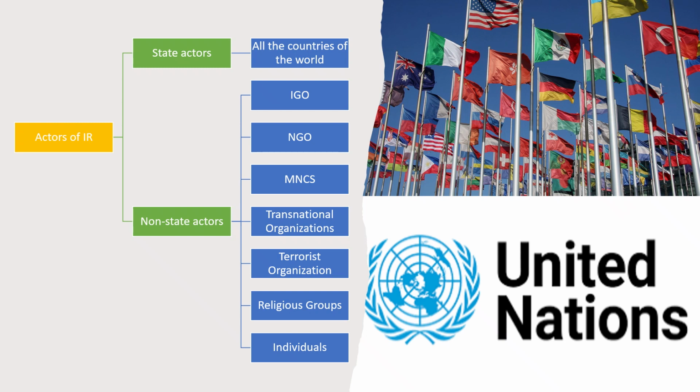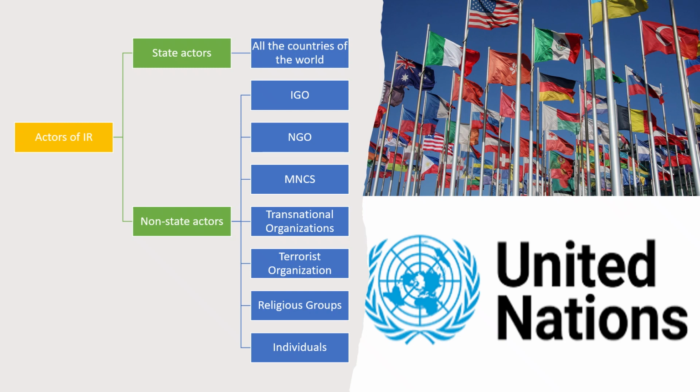Well, very simply, a state actor is a single actor and it has only one type. We cannot divide it into more than one type. State actors, we know, all the countries of the world, all the governments of the world are state actors. They play a role in the world, and we call the governments of the world state actors.